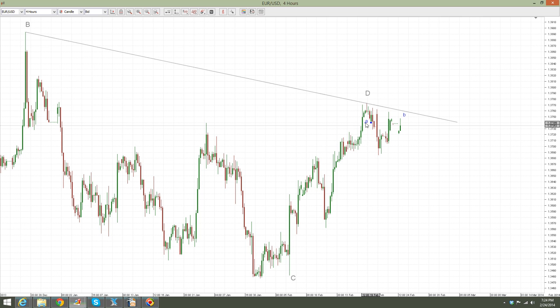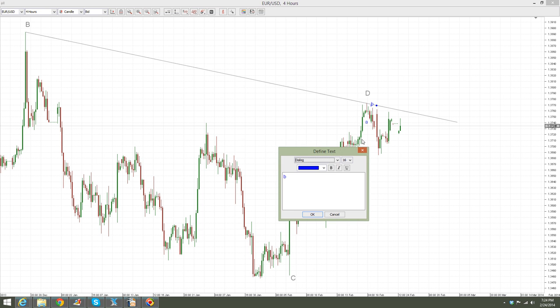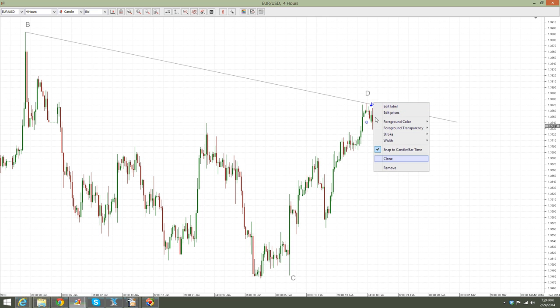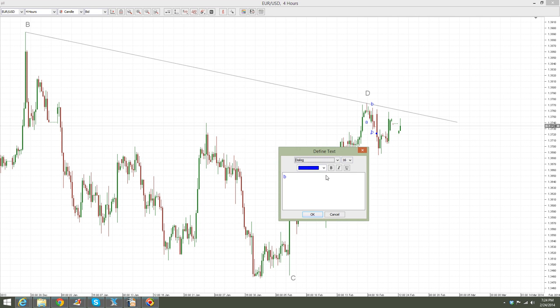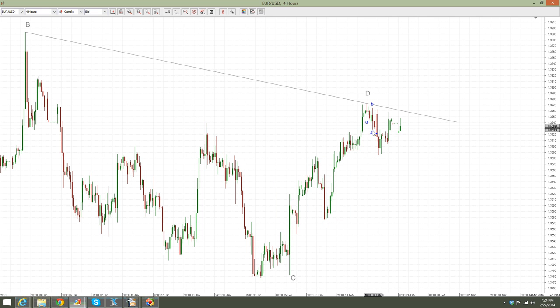It means that there is a 3-wave structure that goes like this: A, B, and then the C wave, A, B, C, and this contracting triangle here normally would be an X wave, like this, and like this.